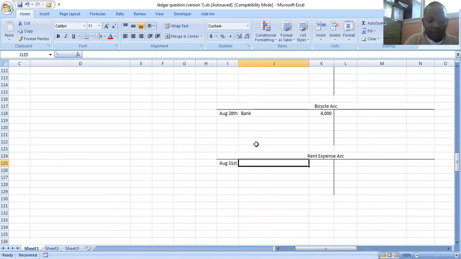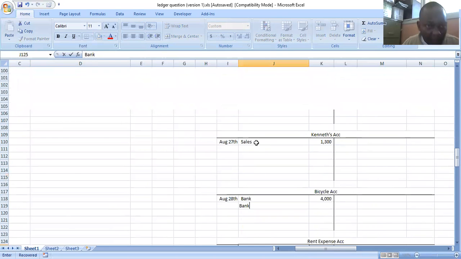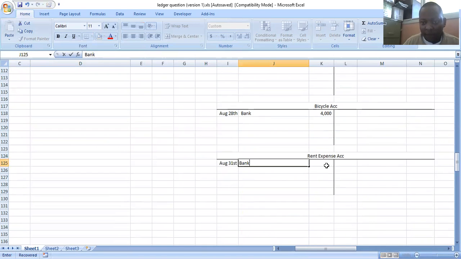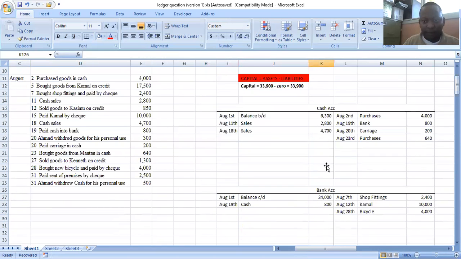This is by bank. We are paying by check. The bank, and the amount is 2,500. And then we credit bank on August 31st by rent expense, and the amount is 2,500.